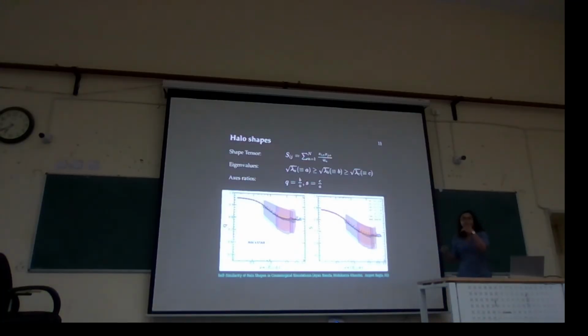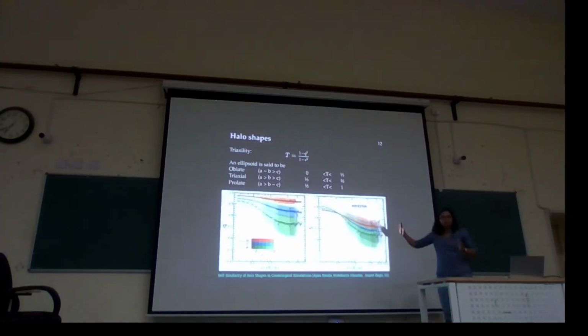So we see, unlike the mass function where we saw deviations from universality, here we find universality in the halos. Further, if you segregate the halos into elongated cigar-shaped halos and disky-shaped halos, which are formally quantified with the triaxiality, right? So oblate halos are those where the first two axis lengths are of similar order, and the last one is very small, which means you have a disky shape.